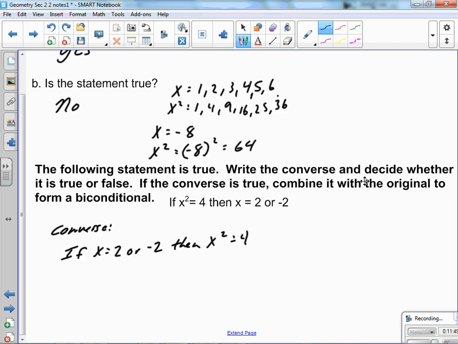Which if I do 2 squared, that equals 4. If I do negative 2 squared, that also equals 4. So if x equals 2 or negative 2, then x squared equals 4. It's going to be a true statement. And so since the converse is true, the conditional was true, then we can make that into a biconditional.